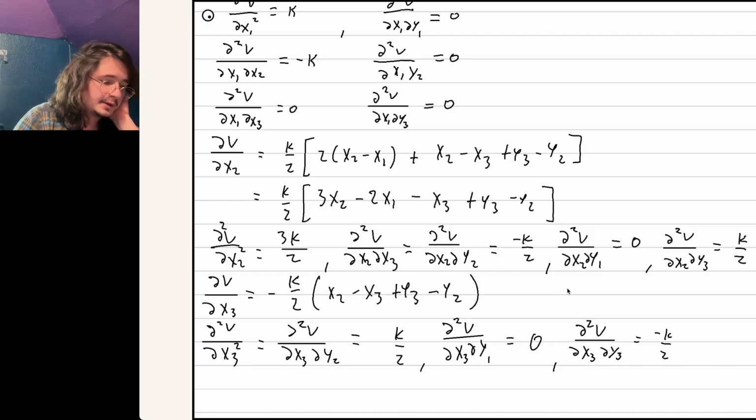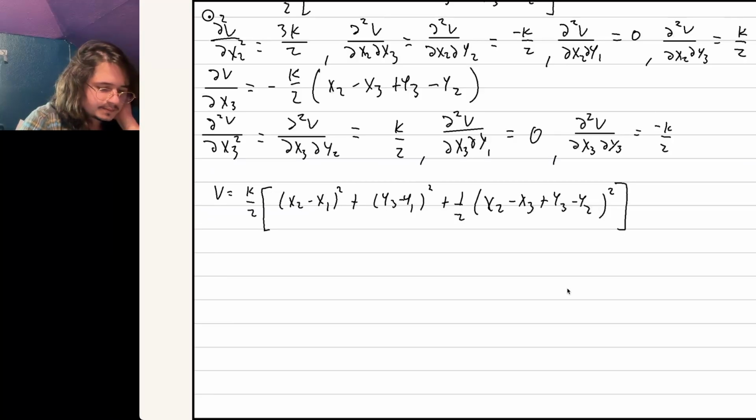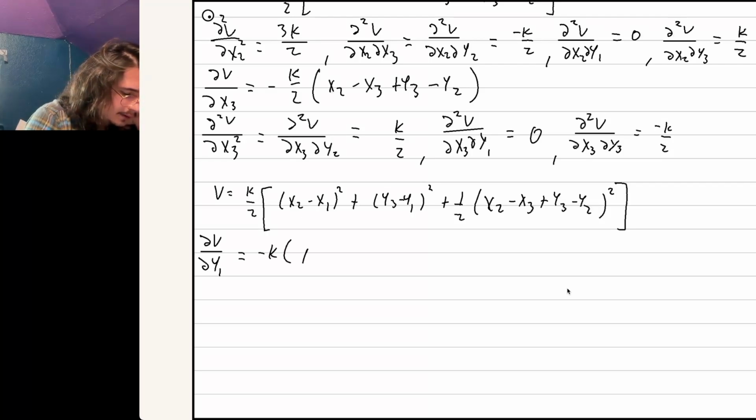Moving right along, I am going to copy the potential again, just so I can look at it. Okay, now del v del y1 is minus k times y3 minus y1.